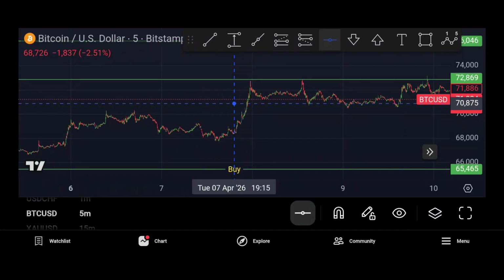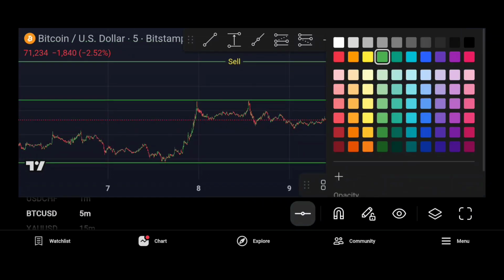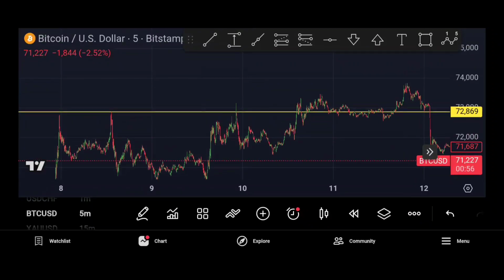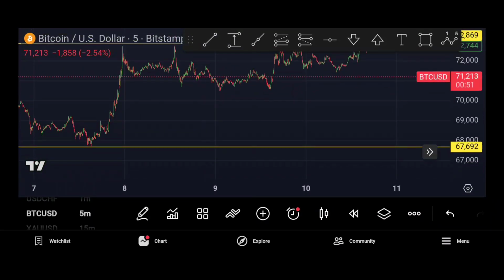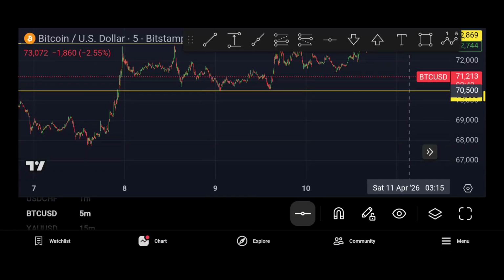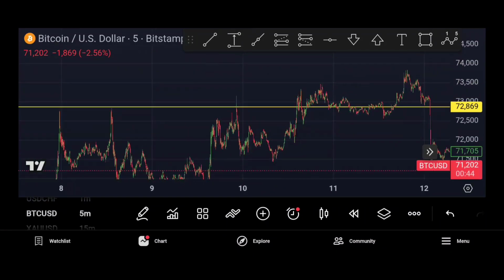That would have been our recent low before the market created that current high. As we go further, we see the market broke to the upside, so we move our level to the lowest low right there, making our higher low.